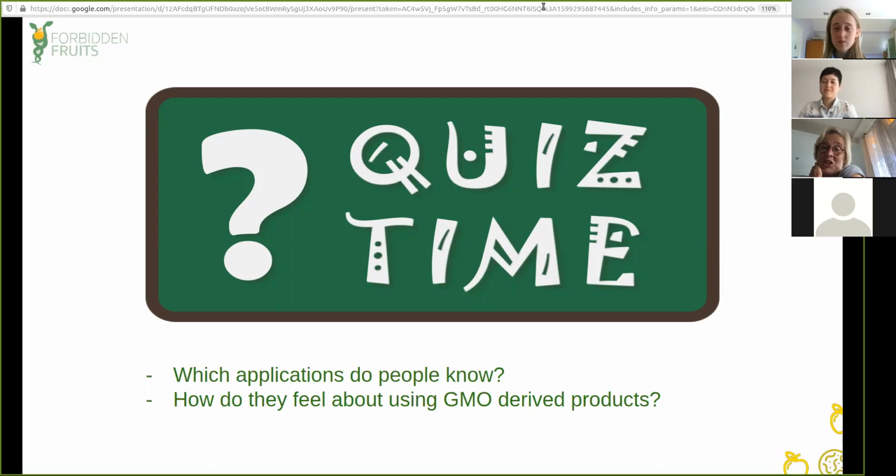Yeah, I think a lot of fruits, tomatoes, so they are better resistant to bacteria. I think a lot of fruits are manipulated. So more the food, genetic modification of food. Yes. Okay, that's good. And how do you feel about using these products, using these genetically modified fruits or vegetables?